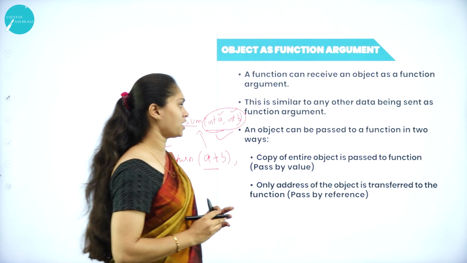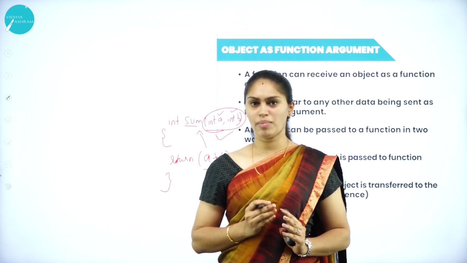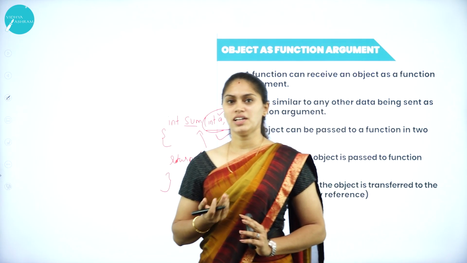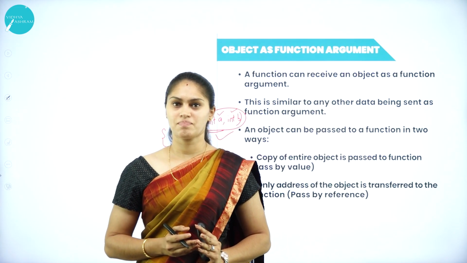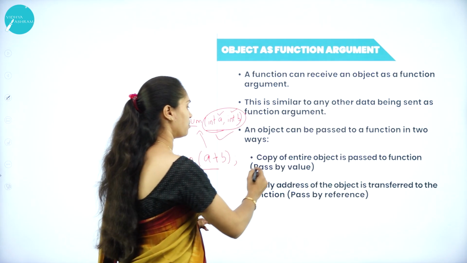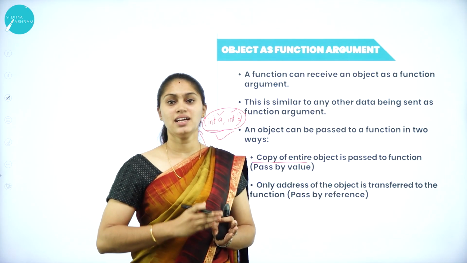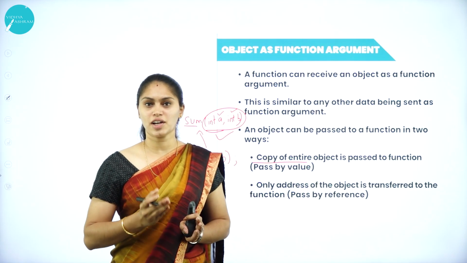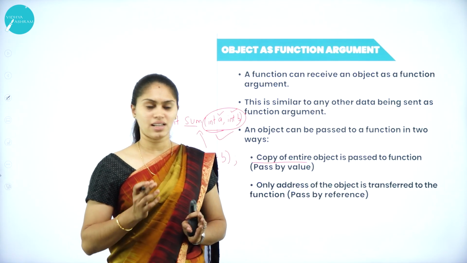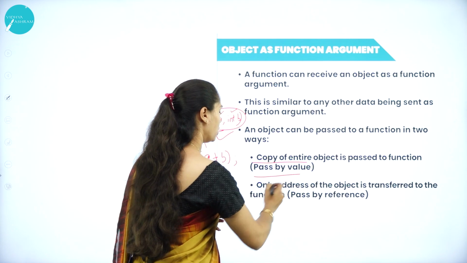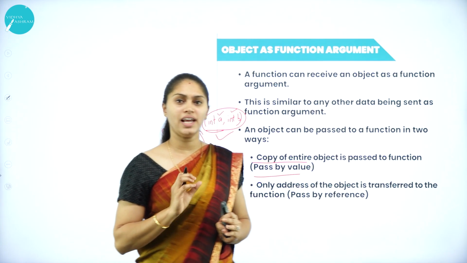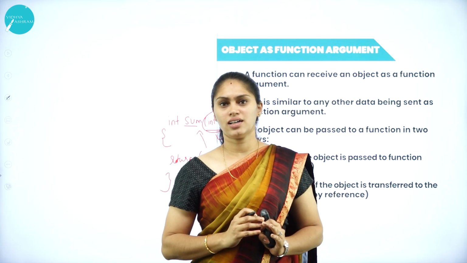An object can be passed to a function as a parameter or argument in either of two ways. That means I can copy the entire object and transfer that as an argument or parameter. That is nothing but pass by value. Or else I can send only the address of that object.